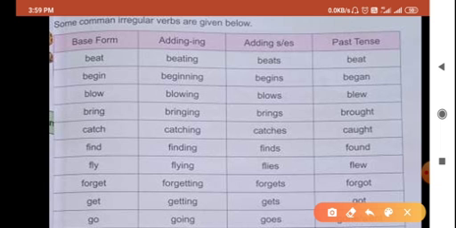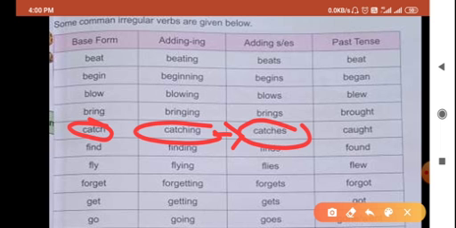See some other words, students. Here it is written catch, we add ing, it becomes catching. When it comes to s or es form, it becomes catches. But in the case of past tense, it becomes caught. Catch becomes caught.